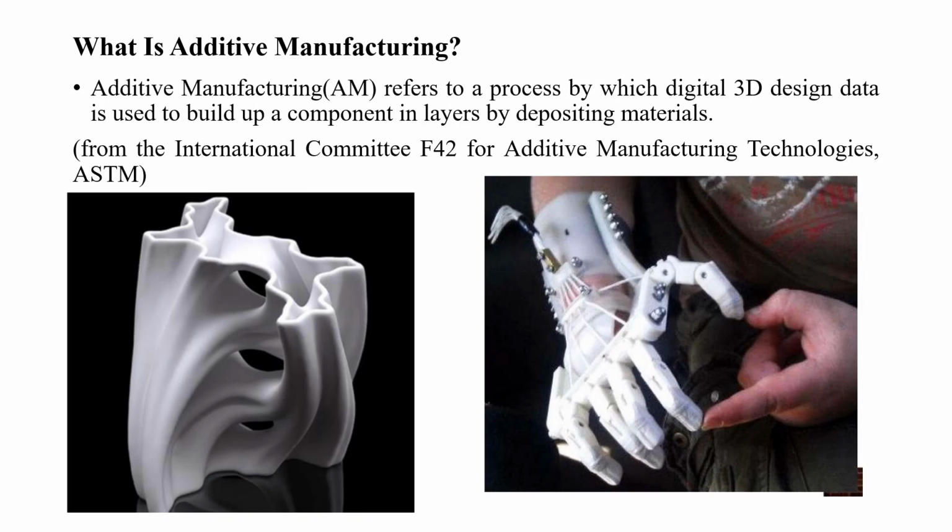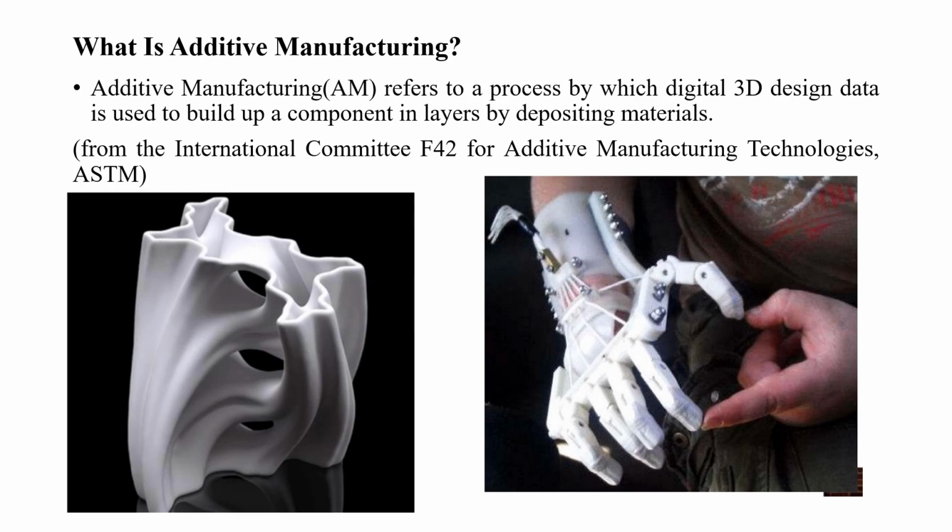Now, what is additive manufacturing? Additive manufacturing is a process by which digital 3D design data is used to build up a component in layers by depositing materials. Additive manufacturing means here we are not going to remove the excess material.